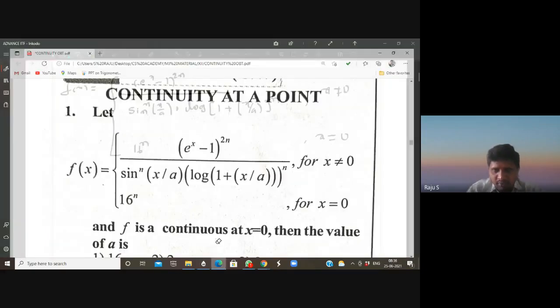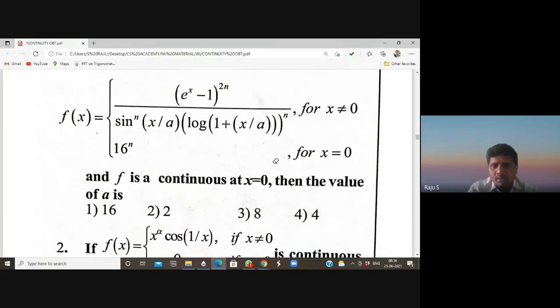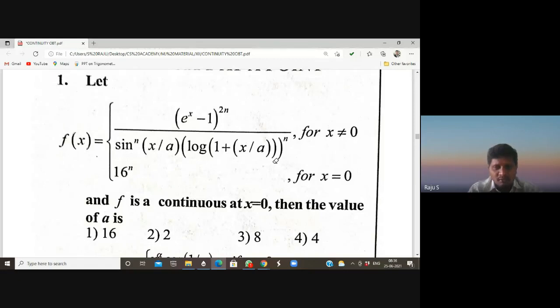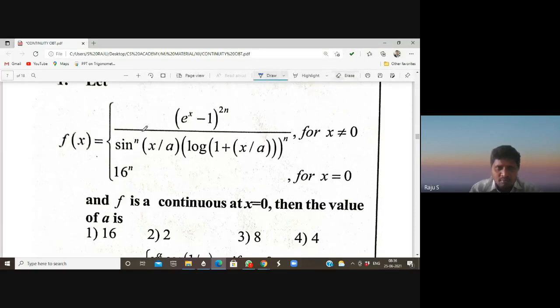In the question, what they ask here is the value of a. Whenever they ask for any value in any question, students, definitely they'll give that it is continuous. Clearly they give it is continuous. See here, students, this is the f of a value.